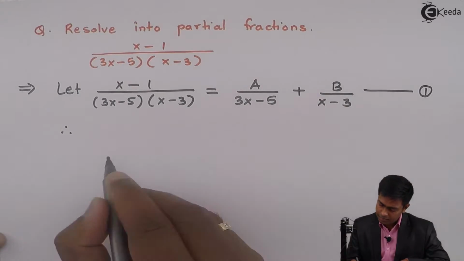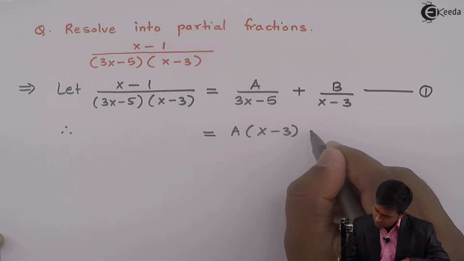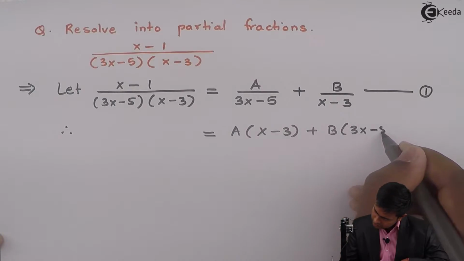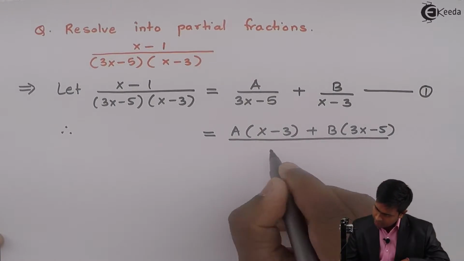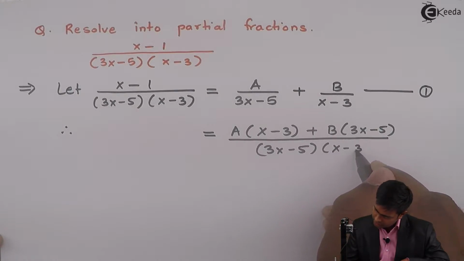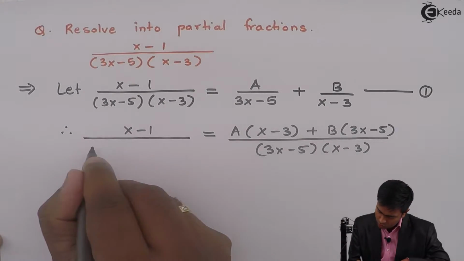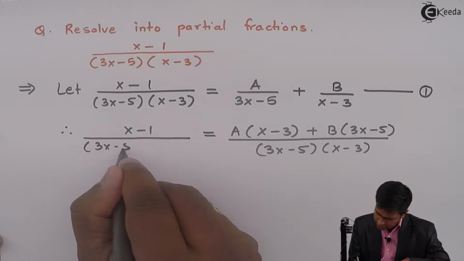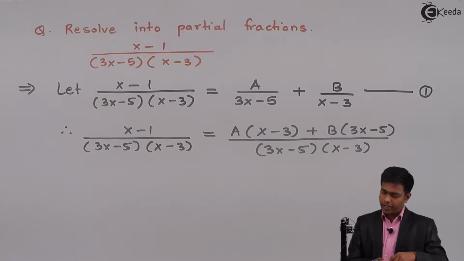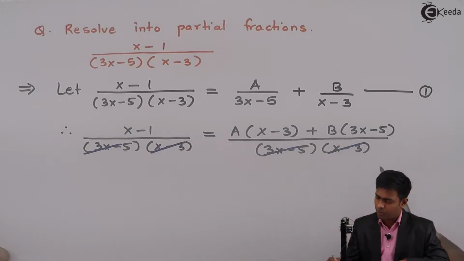So this will become A into (x minus 3) plus B into (3x minus 5), whole upon (3x minus 5) into (x minus 3). Similarly on the left hand side we have x minus 1 upon (3x minus 5)(x minus 3). Now we can cancel the factor 3x minus 5 and x minus 3 from the denominator of both sides.